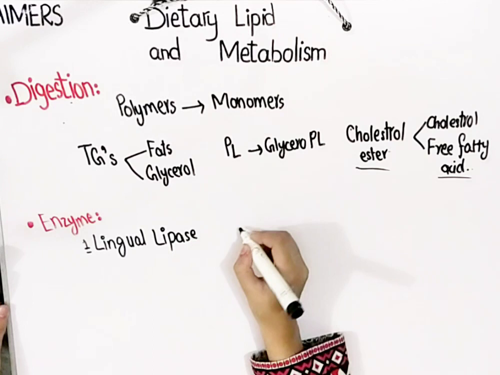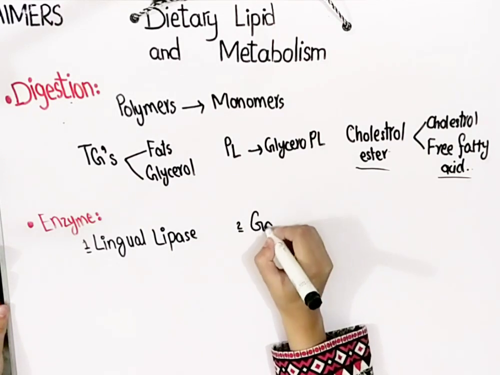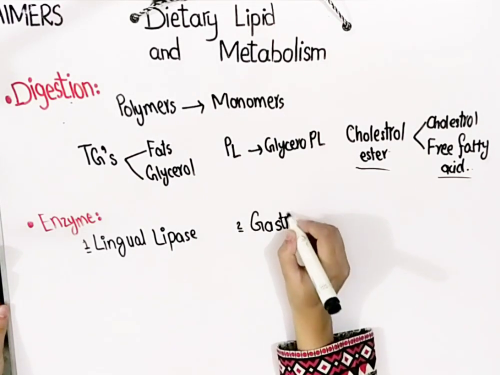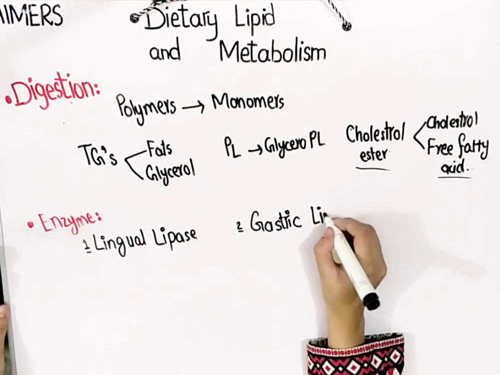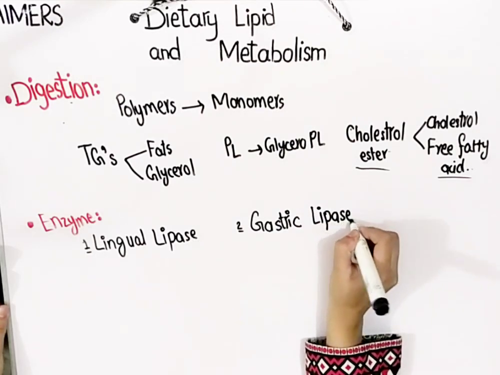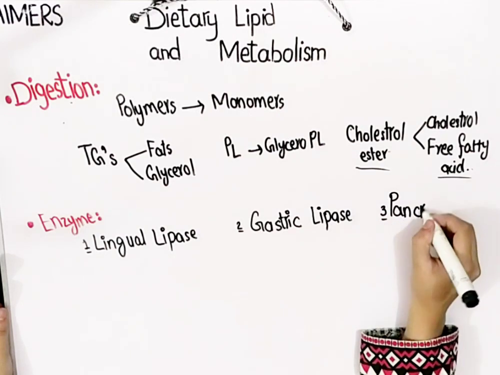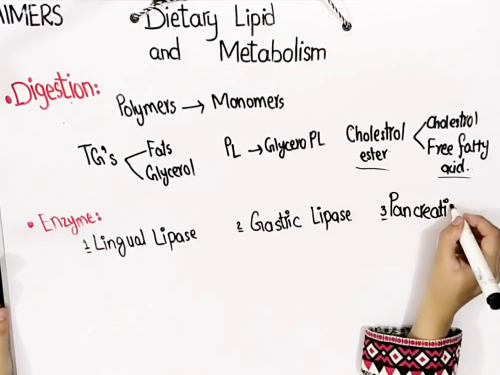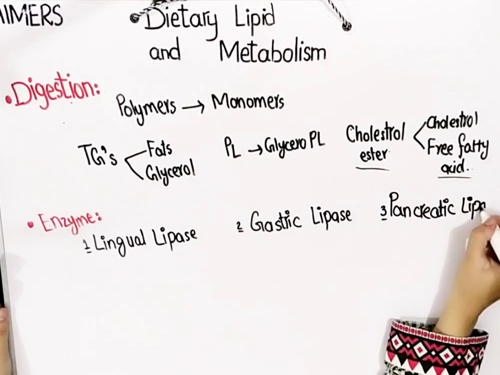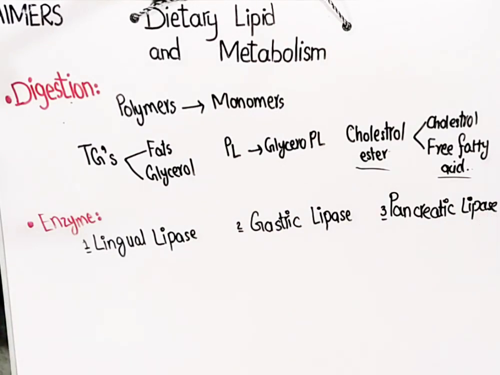Second enzyme is gastric lipase. All enzymes end in lipase, meaning lipid-breaking enzymes. And the third enzyme over here is pancreatic lipase. Lipase means the one which is breaking the lipids. Now we will study each enzyme in detail.